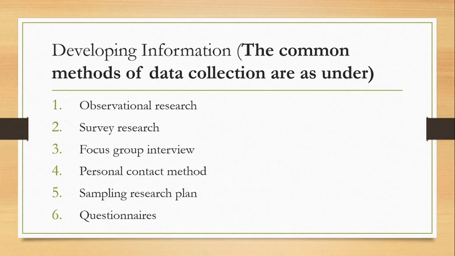Now the second and most important step in the marketing information system is developing and collecting the information. Developing and collecting the information is very important, because if we are not able to develop the information according to the need, then it will be of no use for the marketers or the decision makers.